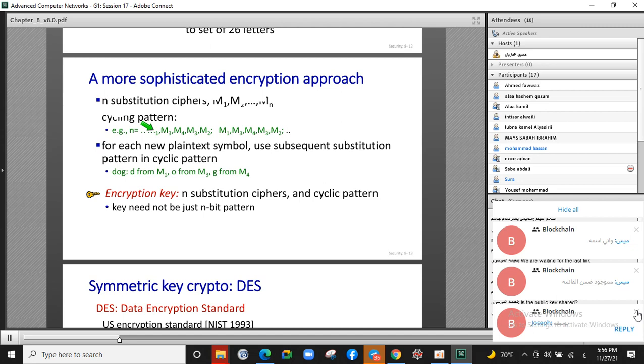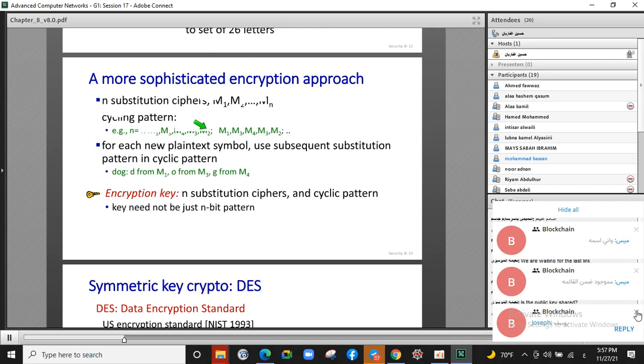For the first character, I'm using pattern M1. For the second character, I'm using pattern M3. For the third character, M4. For the fourth one, M3. For the fifth one, M2. For each character, I'm using a specific substitution cipher, different from the others.